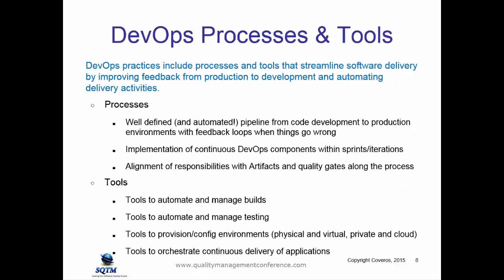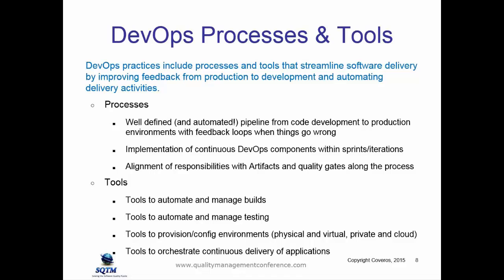Some of the processes and tools that you'll hear about, and I'm going to cover some of these today. In the one-day course, we go into much more detail in all of these areas. First, let's talk about the processes. You'll hear people talk about a DevOps pipeline or a DevOps process.